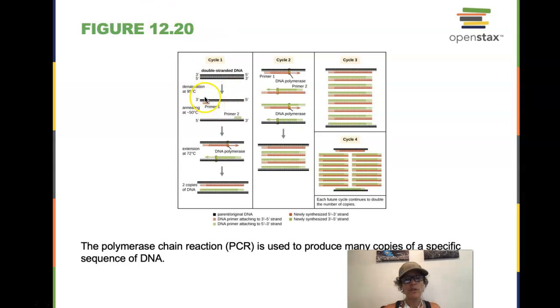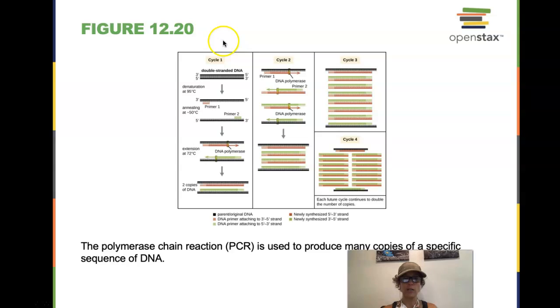But we have a primer to each side, each strand of the DNA, and then we change the temperature to allow the DNA polymerase to extend and go from the end of the primer, which will have a 3' OH, and make the new DNA strand, and it will do the same thing on this primer, bind to the 3' OH, and generate that strand.